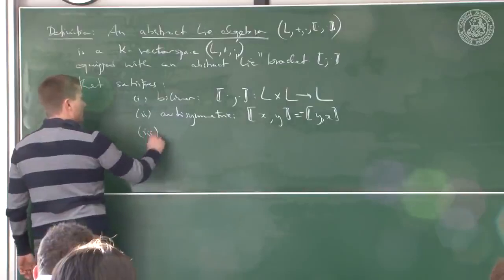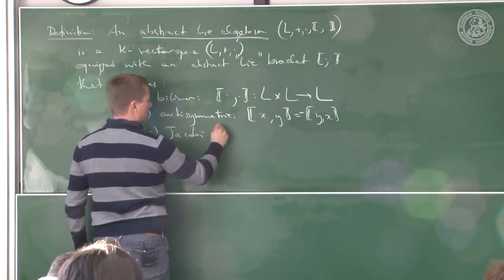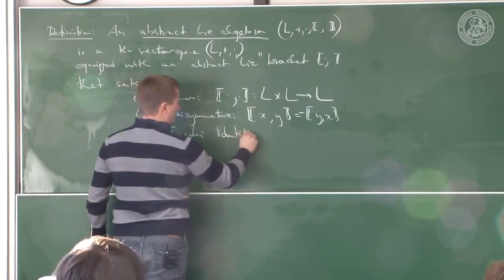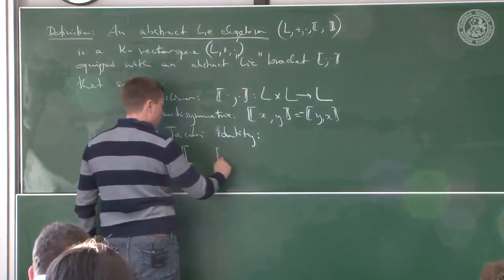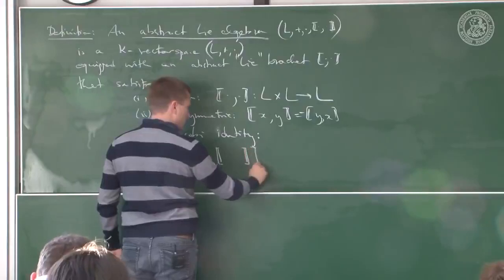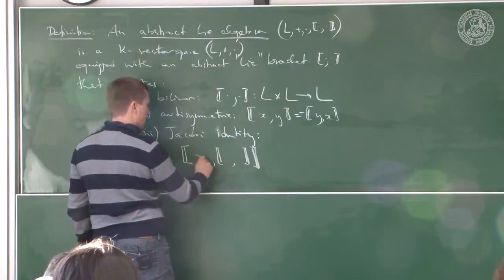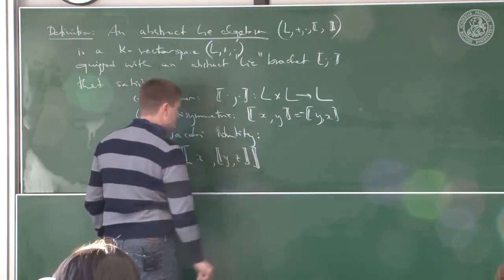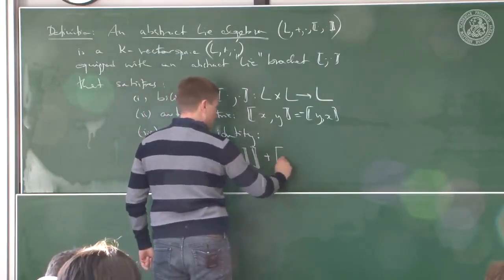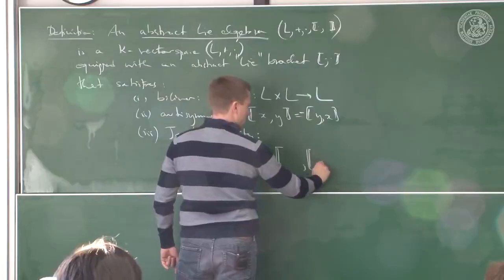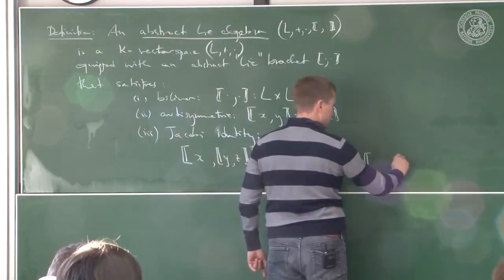And the third property is that it satisfies the so-called Jacobi identity. And that's the following beast. So you look at nested brackets of this form where you have elements x, y, and z. So the second entry here is a bracket in itself. And to memorize this, you write down the same pattern three times and you add it.